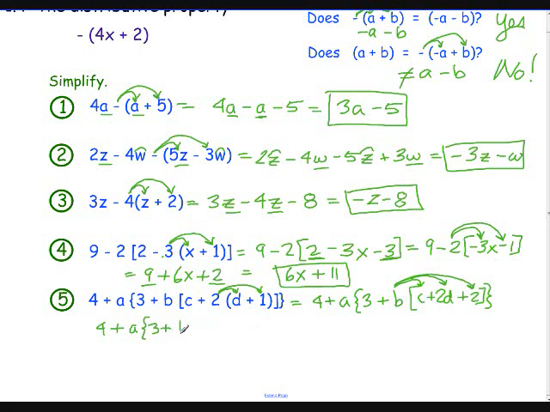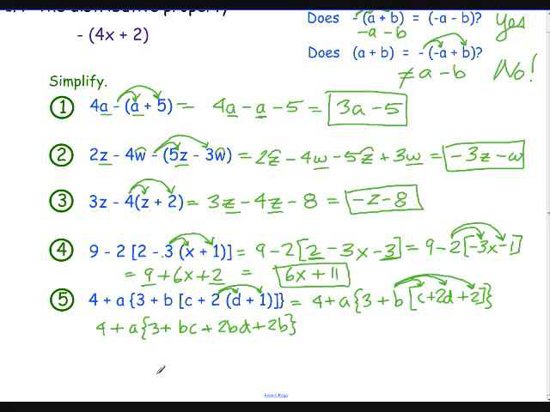BC, 2BD, and then B times plus 2, and closes with curly brackets.